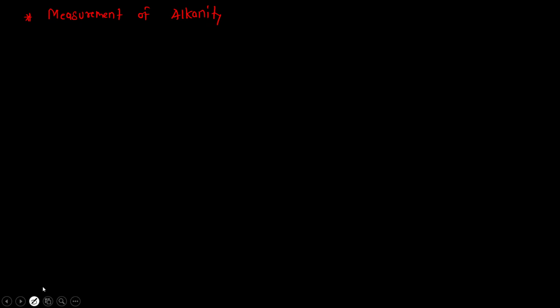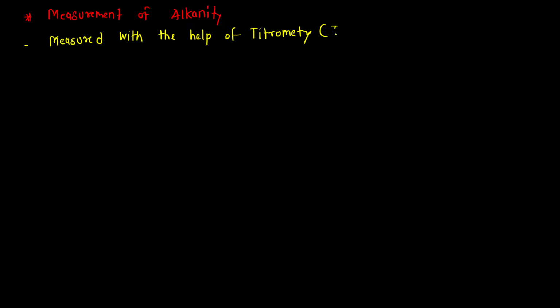About acidity, if you remember, the acidity was measured with the help of a process which is called titrimetry. Similarly, this alkalinity is also measured with the help of titrimetry, or we call it titration.